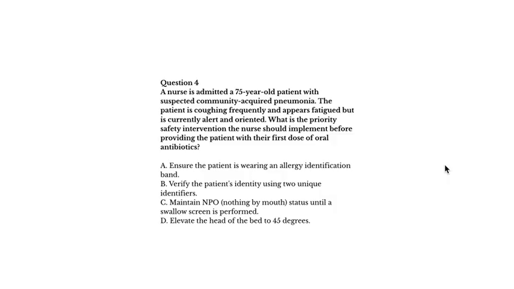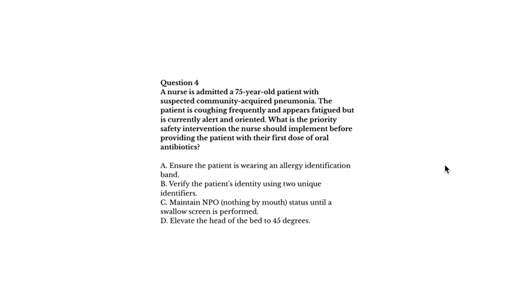Now, I'm going to put a what if. What if one of the choices is saying you need to get a blood culture first to determine what kind of antibiotic to give and stuff like that? If that choice is there and letter C, maintaining NPO, is still there, the best choice is still letter C. And the reason why, because the question is asking what is the priority safety intervention.